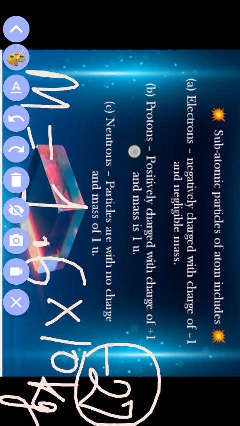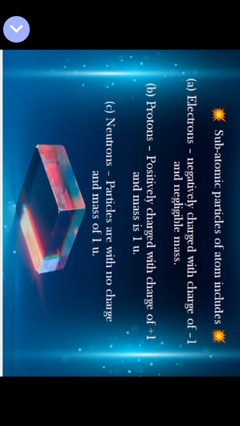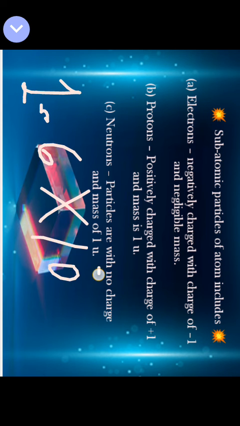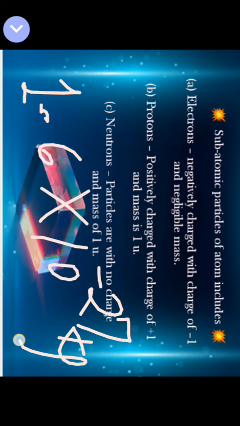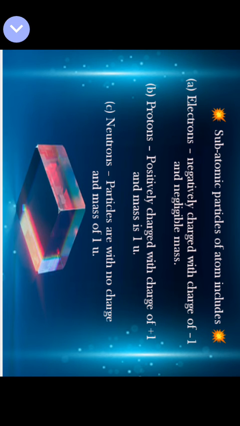Don't say it is a positively charged particle and write +27. Don't make this mistake. Be aware of it. The neutron's mass is the same as the proton's: 1.6 into 10 to the power -27 kg. Hope you understand about the masses of electrons, protons and neutrons.